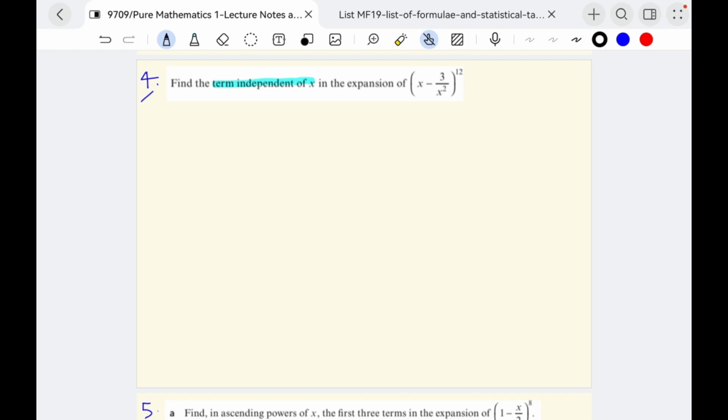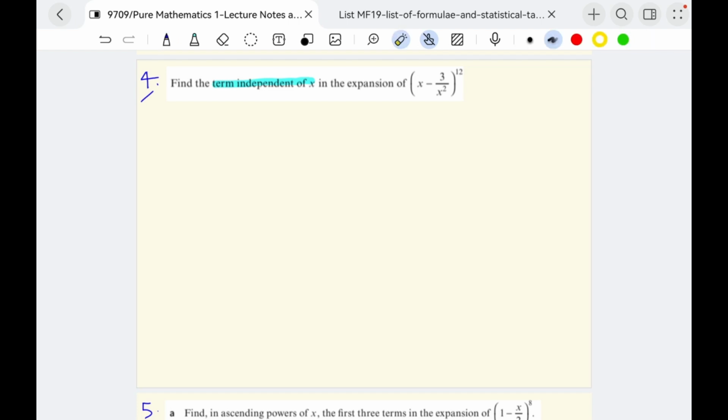This gives us the meaning that it only wants a constant, which means there's an absence of x, or x to the power of 0. So you should find it out. Before we carry out the expansions, here is a good technique in answering these questions.